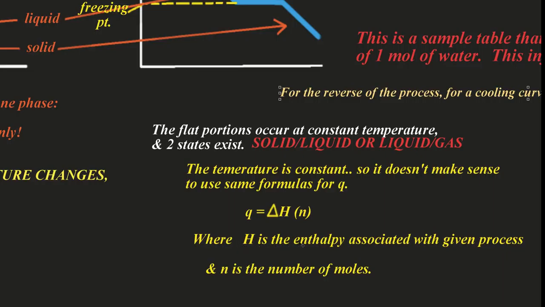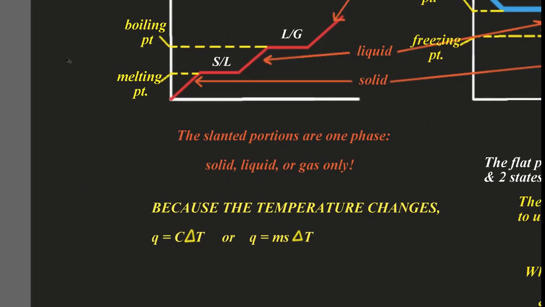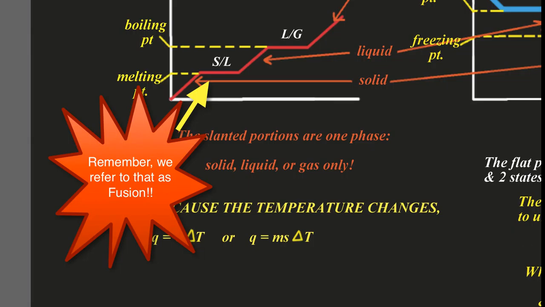And delta H is going to be the enthalpy associated with a given process. So, for instance, if we're looking at a heating curve, and we're going from solid to liquid, so we're looking at this flat portion right here, whenever we're doing that, we have to use the one for fusion.